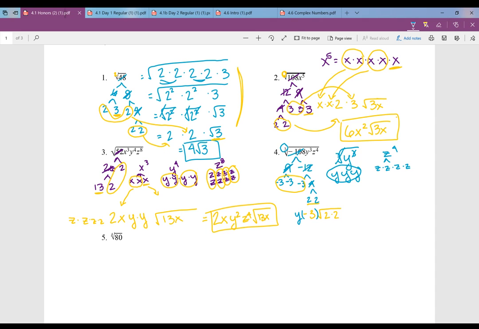So how many groups of 3 do we have? 1, with one guy left under the root. So we'll have 1 under the root, and then 1 z gets pulled out front. So our final answer here, we'll have negative 3 z times y times the square root of 4z. So with whatever number you have here, whatever root it is, that's how many you're looking for in a group.